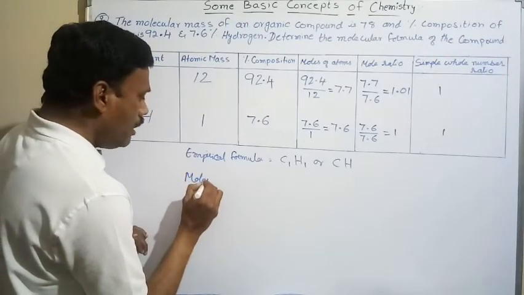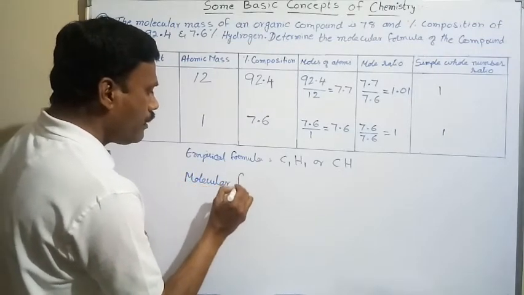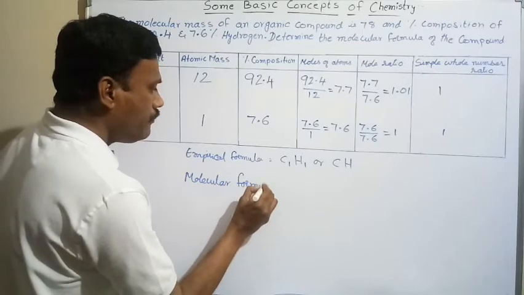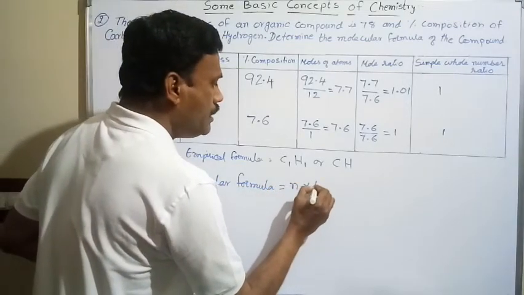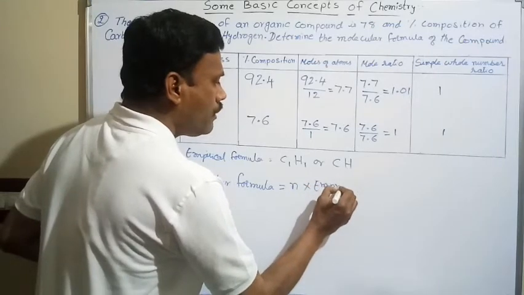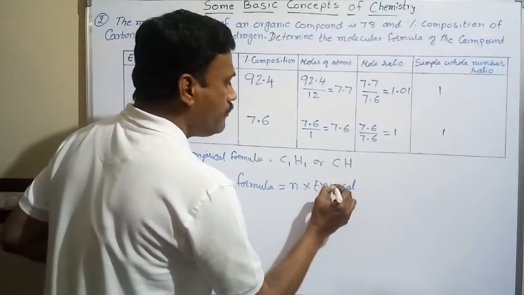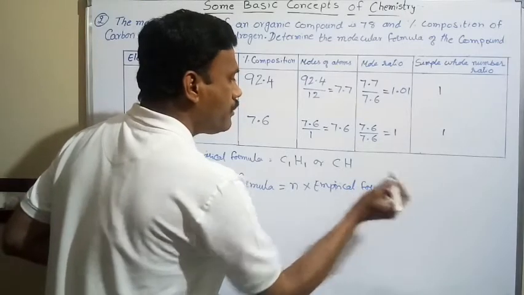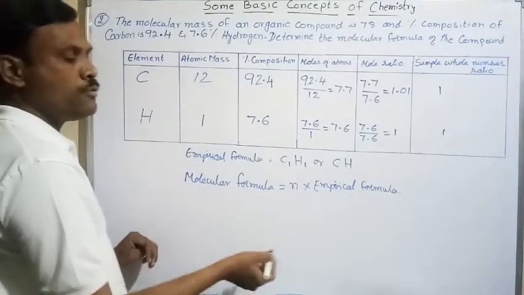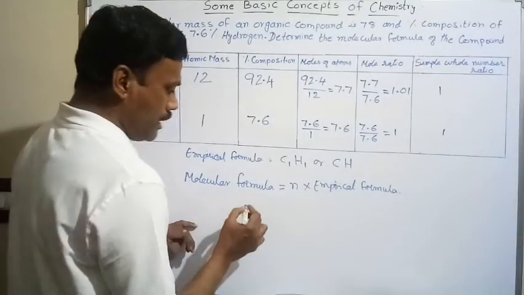We are supposed to find the molecular formula. The molecular formula is equal to N times the empirical formula, and N could be 1, 2, 3 and so on.